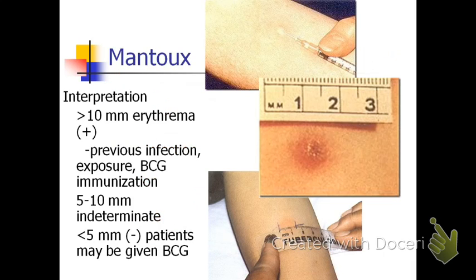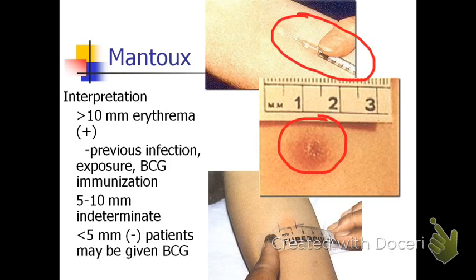This is a tuberculin syringe. It is intracutaneously injected into the skin of the patient, and then we measure the erythema or the reddening of the skin. The erythema should be more than 10 millimeters in order to be considered a positive result.